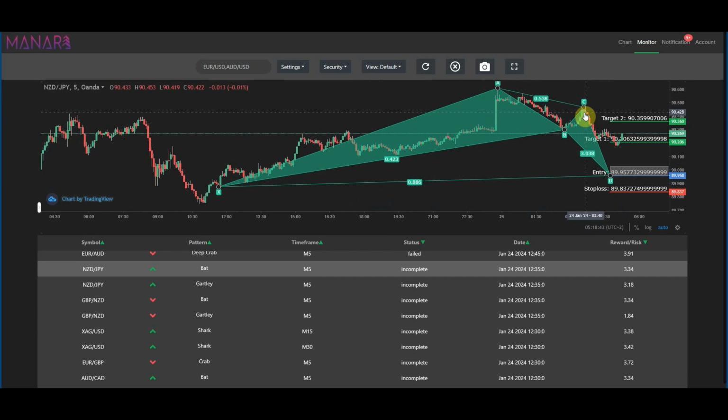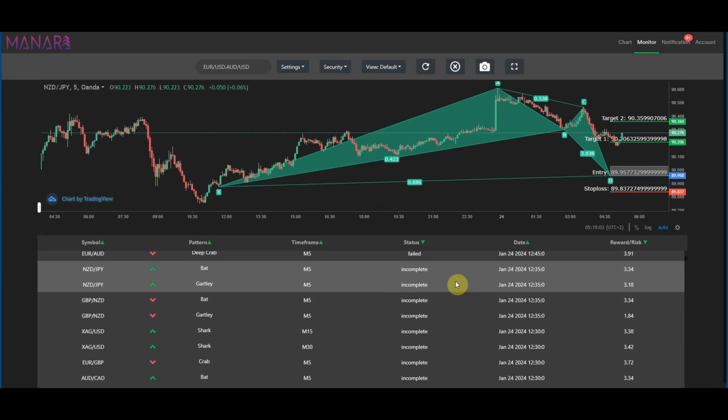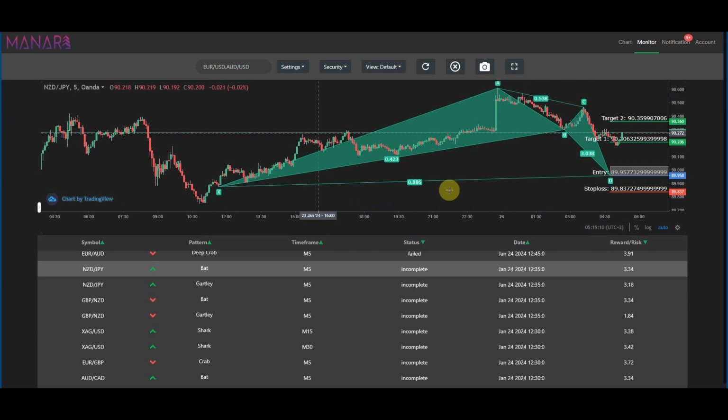You would have got an alert for an incomplete pattern here, and it's really heading down quite nicely. So had you shorted that from the C, from the incomplete alert, perhaps it would have been a good setup. This is obviously going back through the history just to learn about what's happened, perhaps in the last hour and a half, 2 hours, to see what's working, what isn't.